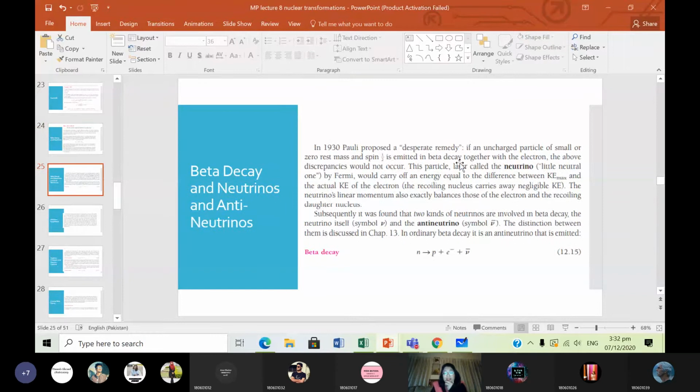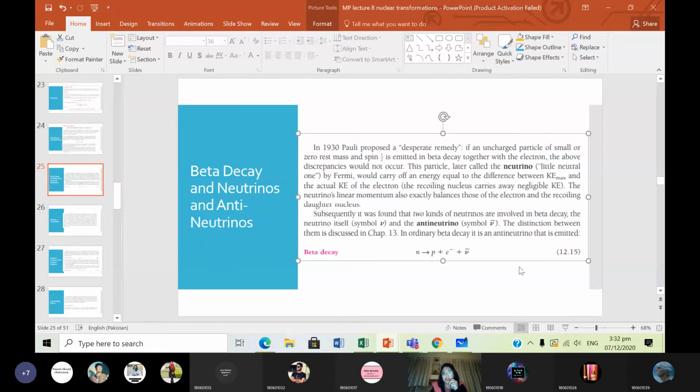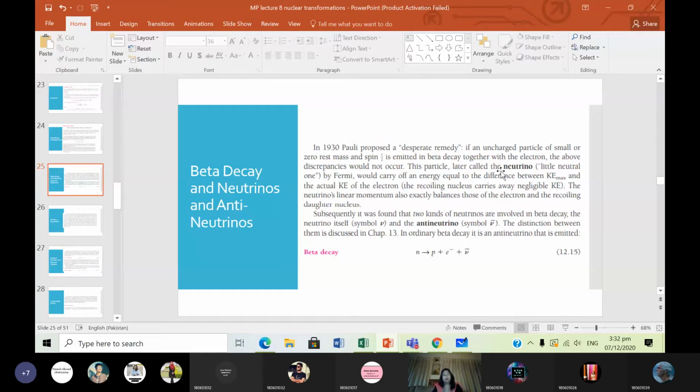But they don't actually have that kinetic energy, and the discrepancy between those energies is carried off by the neutrino. Okay? So the neutrino's linear momentum exactly balances those of the electron and the recoiling daughter nucleus. So when we introduce a neutrino, it solves the whole problem.